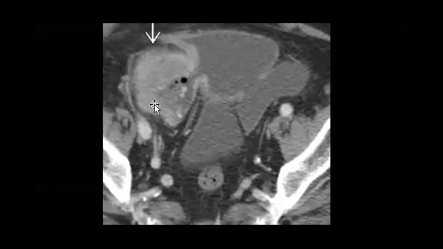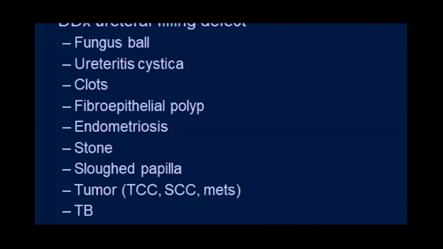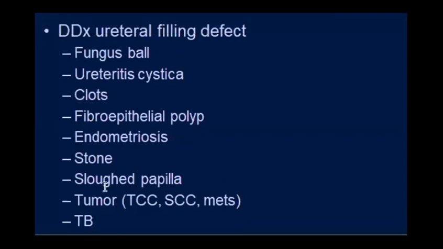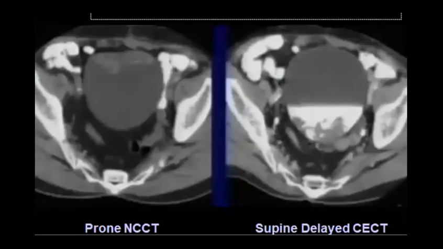It is like a diverticulum, and on top there is transitional cell carcinoma. Perfect. And this is the differential we mentioned before about the urethral filling defect. This can be infection such as fungus, urethritis cystica, clots, polyp, endometriosis, stones, slough, tumor, and TB. Okay?